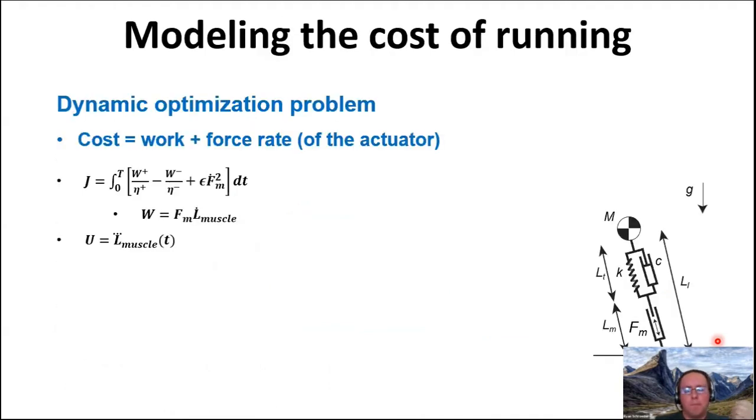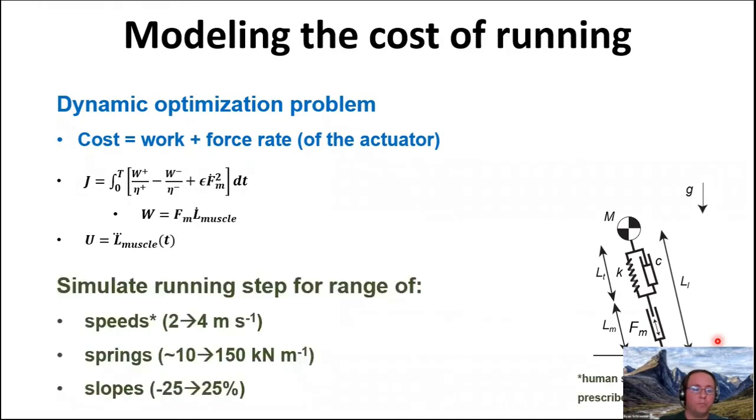So we include dissipation, and we're operating this optimization problem. As I mentioned, the cost is going to be made up of primarily these two different costs: the cost of the actuator performing work, as well as the cost of the actuator developing force over time. And then we're controlling the length changes of the actuator in order to minimize that cost.